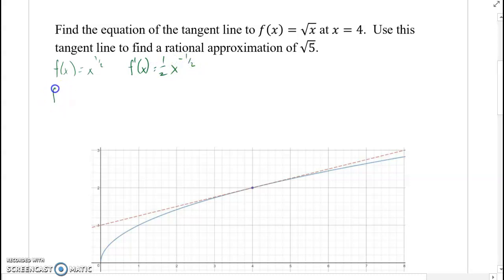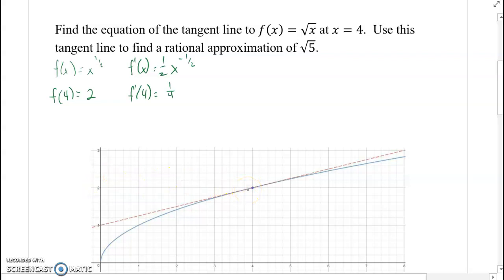So at x equals 4, f of 4 is equal to 2. Square root of 4 is 2. And f prime of 4 is going to be 1/4. And you can see that on the graph. You can see that the slope of that tangent line is rise of 1, run of 4.